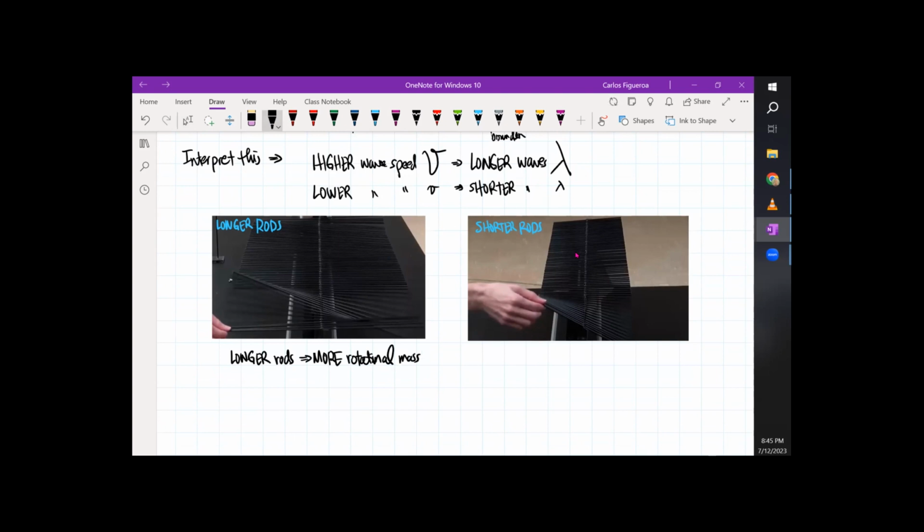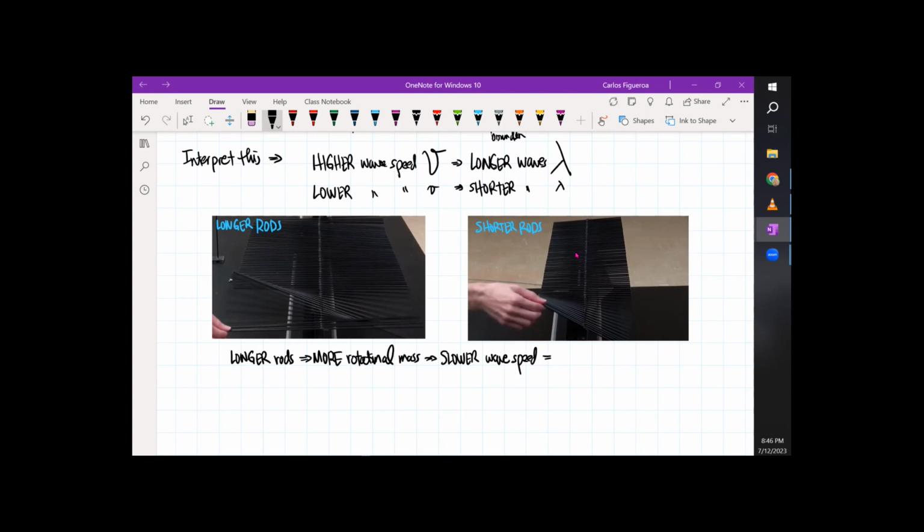In other words, they have a higher moment of inertia, so a higher rotational inertia. Guess what? They're harder to accelerate. And because they're harder to accelerate, they transfer energy slower, and therefore they have a slower wave speed.